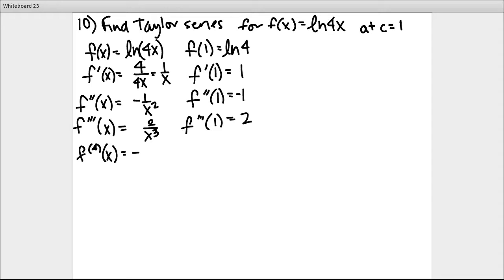That would be a negative 6 over x to the 4th. I'm obviously not showing those. Hopefully you remember how to take the derivatives. Just change the 1 over x to an x to the negative 1, and do pop and drop. Change this negative 1 over x squared to a negative x to the negative 2 power, and then do pop and drop. So evaluating that at 1, you'll get a negative 6.